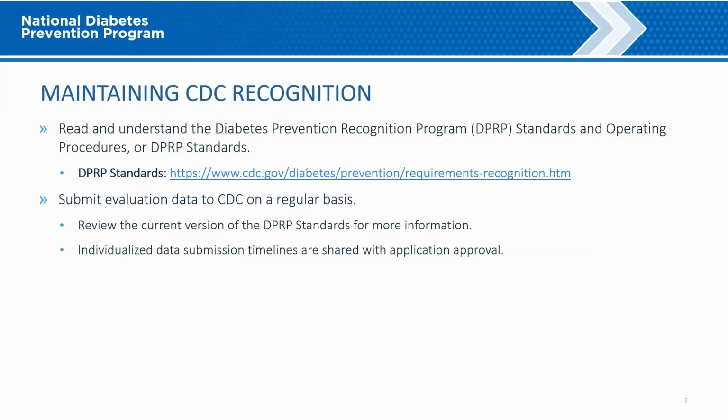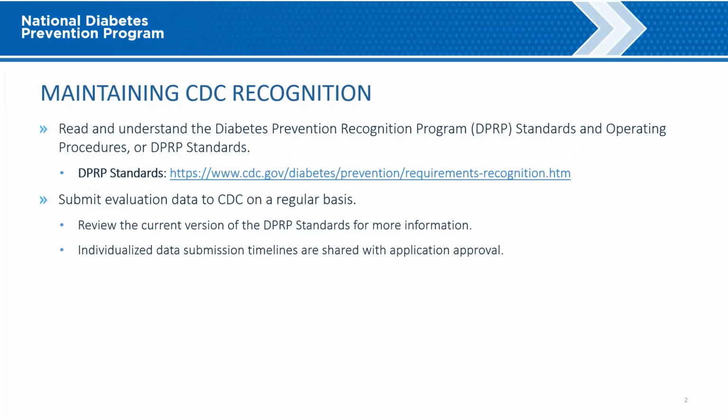To maintain CDC recognition, organizations offering the National DPP Lifestyle Change Program are required to submit program evaluation data to the DPRP. To fully understand the requirements for program data submission, CDC-recognized organizations are encouraged to thoroughly read the DPRP standards.